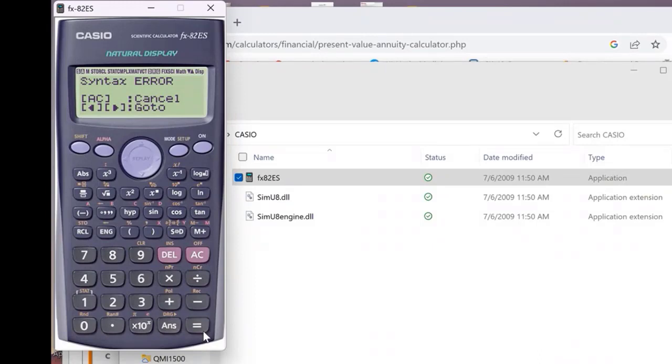0.075 divided by 12 is 0.00625, plus 1, to the power 108. I got 11745. Using what, your calculator? Using my Casio calculator.